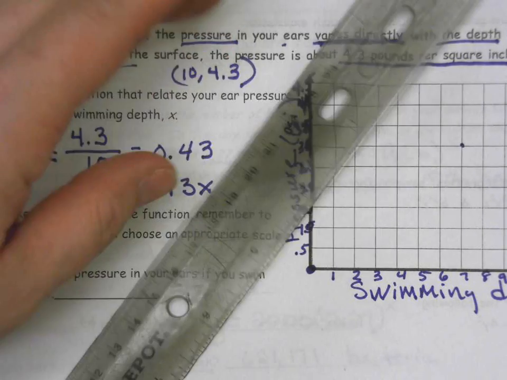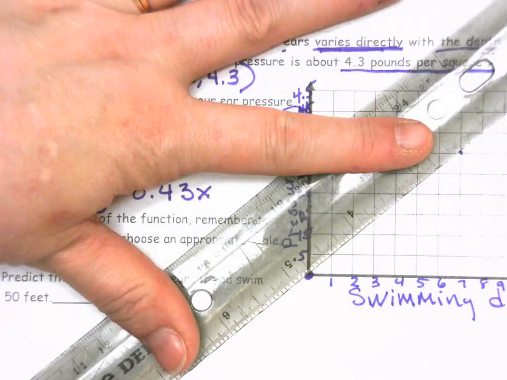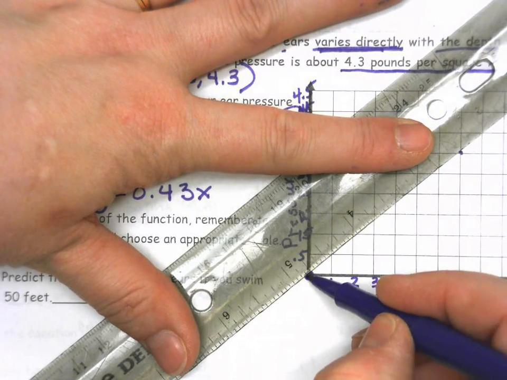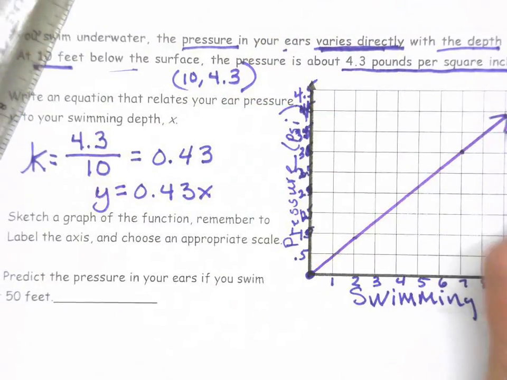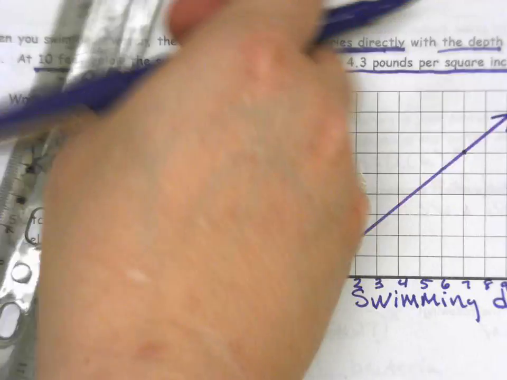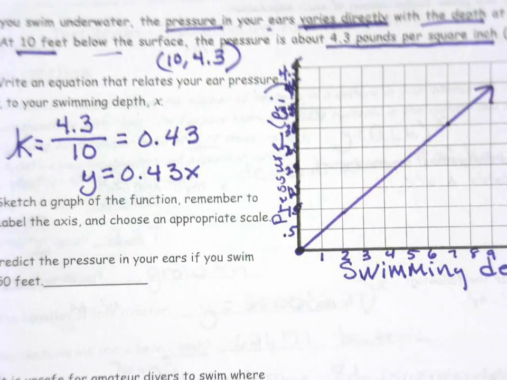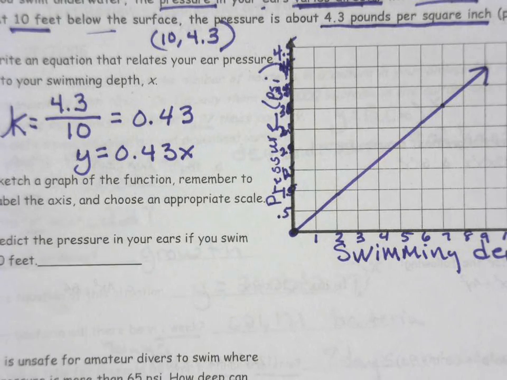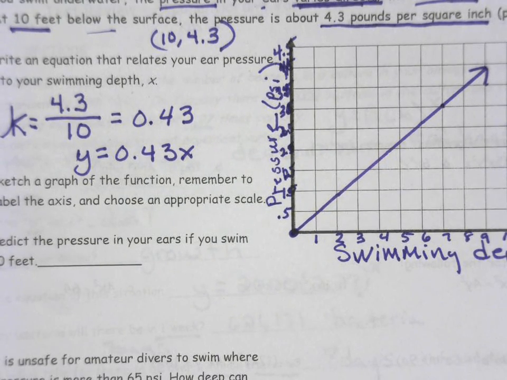But you just need a straight edge and 2 points, and you'll be close enough. And so this is my graph. Okay, that was B. Sketch a graph of the function. Remember to label the axes and choose an appropriate scale.